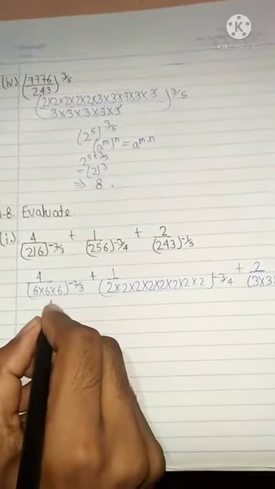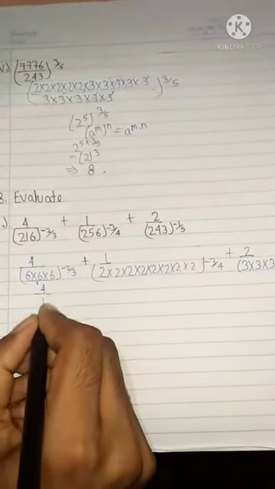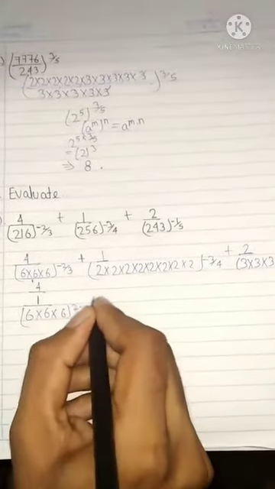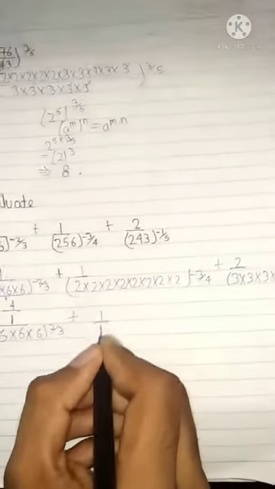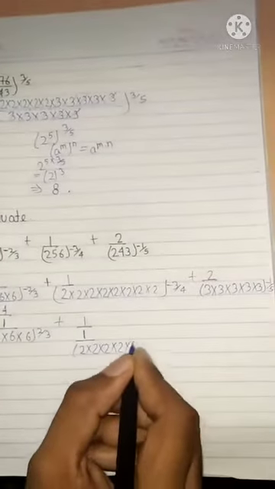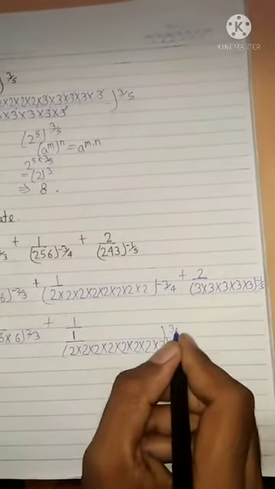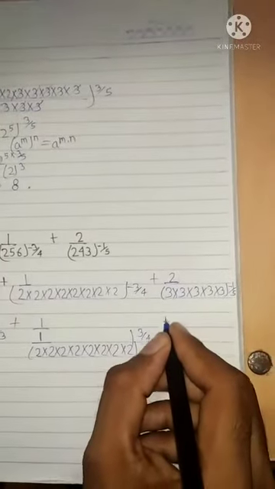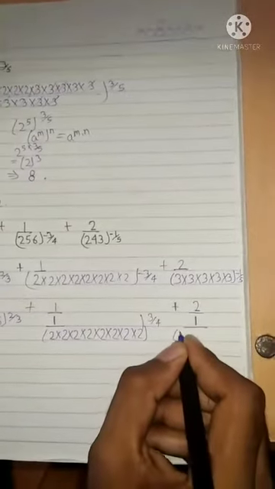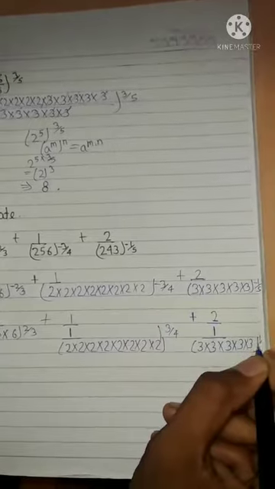So it becomes 4 upon, suppose its denominator is 1, so it becomes 1 upon 6 into 6 into 6 power 2 by 3, plus 1 upon 1 upon 2 into 2 into 2 into 2 into 2 into 2 into 2 into 2 power 3 by 4, plus 2 upon 1 upon 3 into 3 into 3 into 3 into 3 power 1 by 5.